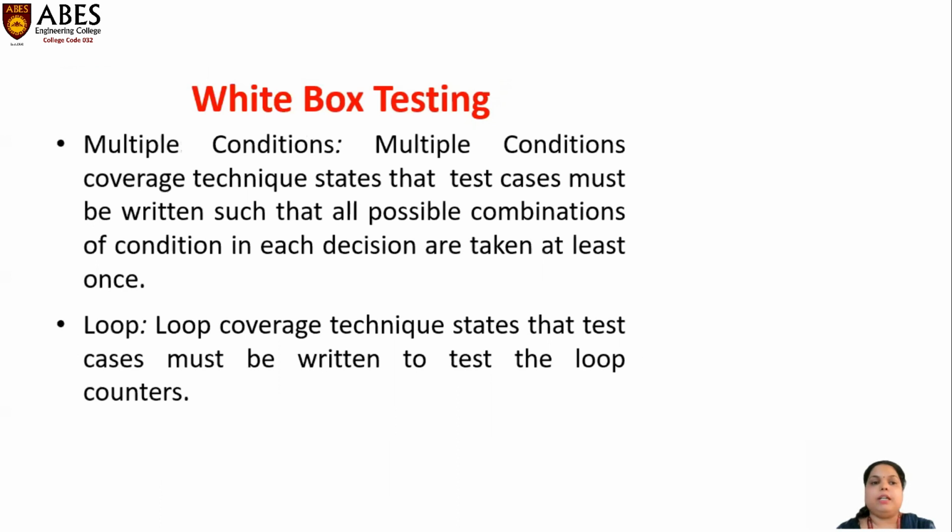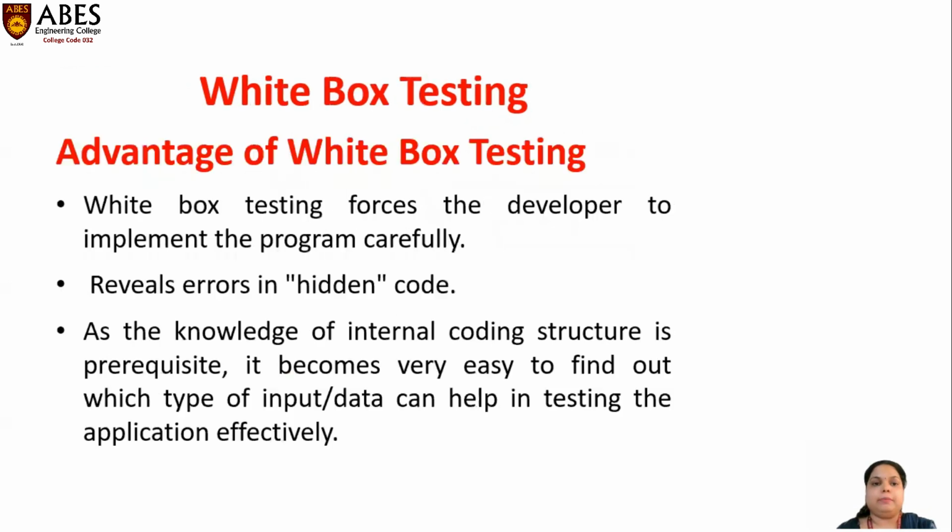Multiple condition coverage states that the test cases must be written such that all possible combinations of conditions in each decision are taken at least once. The loop coverage method states that the test cases must be written to test the loop counters. So basically these are the methods used in white box testing for finding errors.